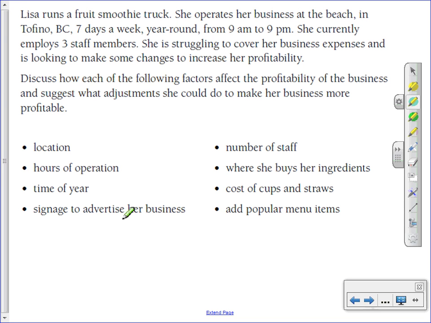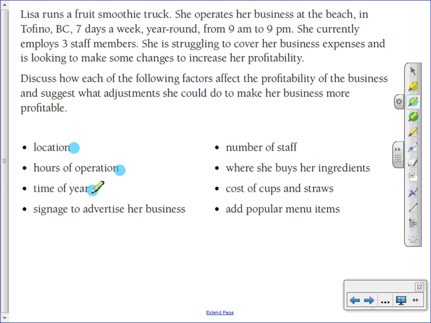You're also going to look at factors that are going to affect how a business does. And this is an example of a fruit smoothie truck that runs 7 days a week, year-round, from 9 to 9, and has 3 staff members and is currently struggling. What things would affect the business? Well, where the business is located. These hours, is it worthwhile having it open that often?